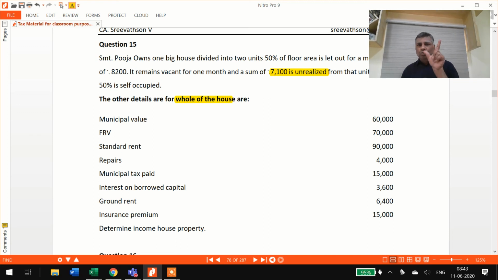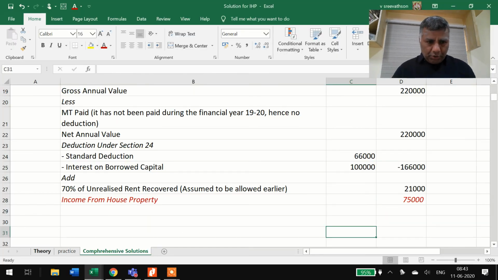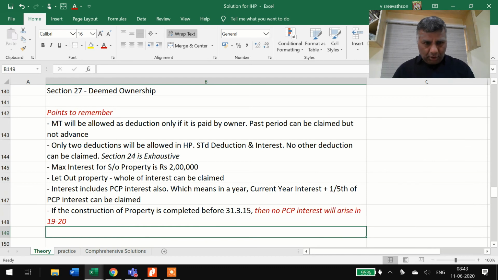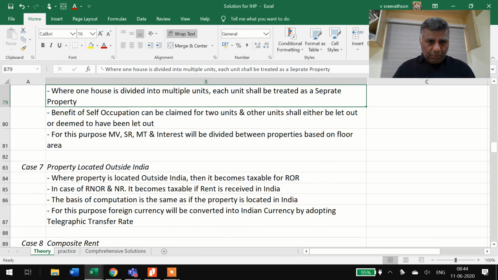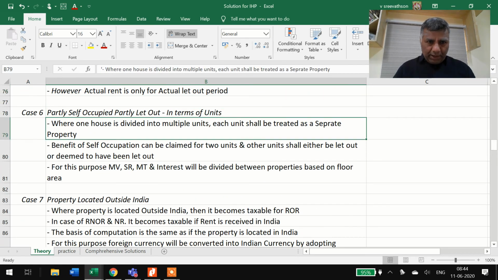So there are two properties. It is like two different units. If I go to the theory for a minute, look at property self-occupied, where one house is divided into multiple units, each unit will be taken as separate property.